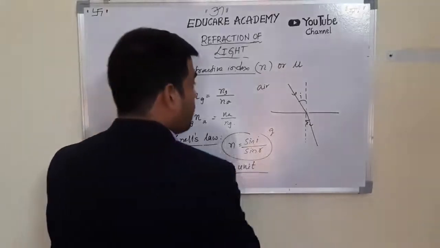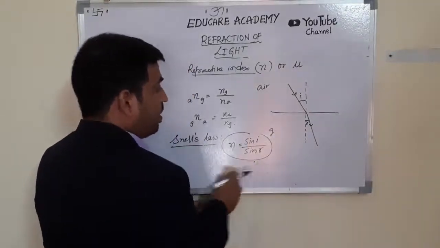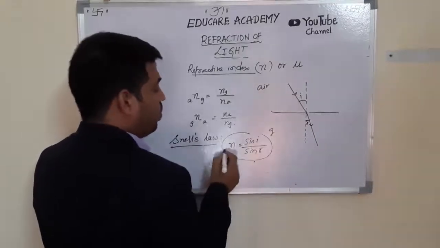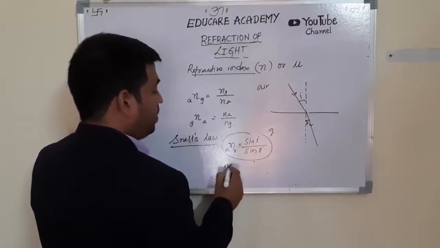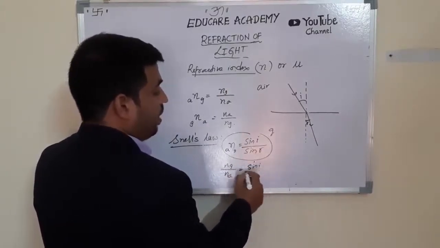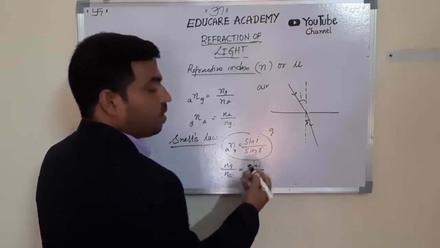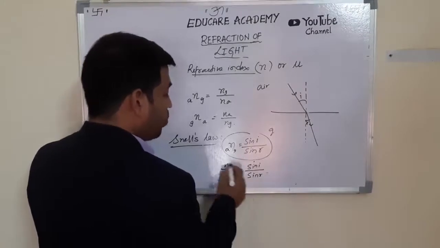N. So suppose in this example, the light is going from air to glass. So how can we write air to glass? Ng by Na is equal to sin i divided by sin r, right? So here we can cross multiply.